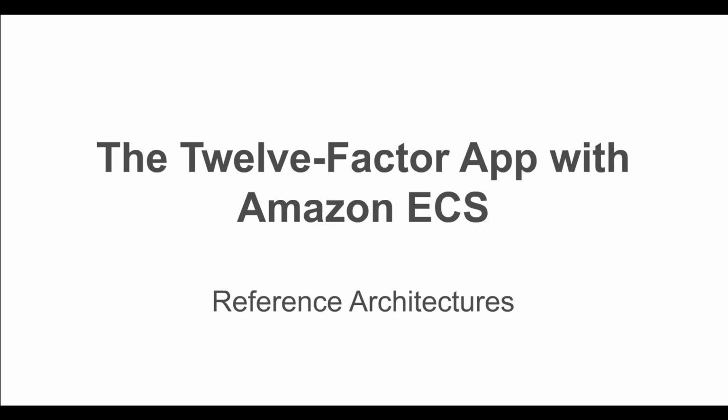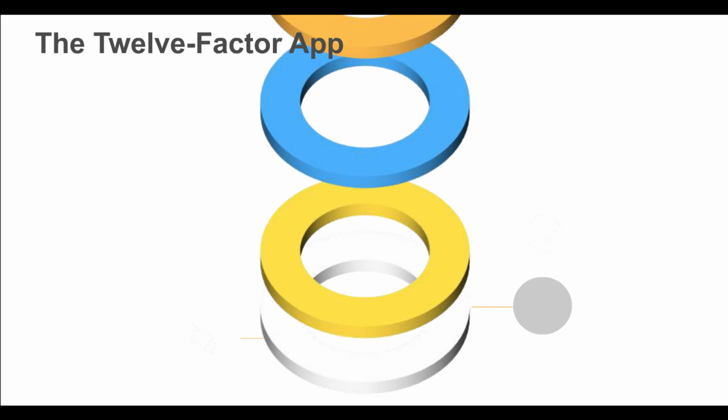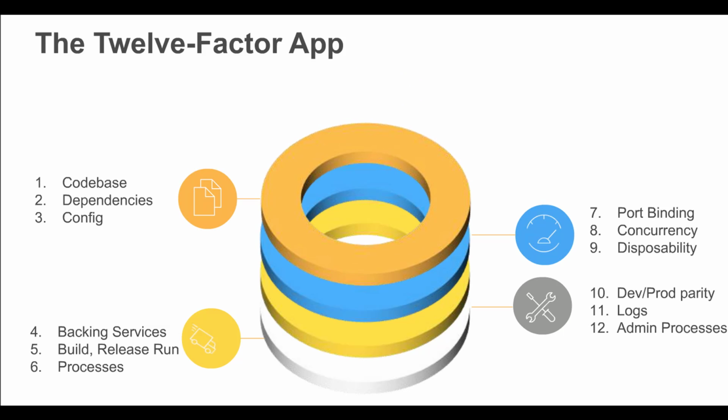So let's talk about the 12-factor app with ECS. This is a set of reference architectures which we have seen our customers implement, which our solutions architects have helped customers get through this journey from monolith to microservices. The 12-factor app is a well-known concept, and we've talked about this for a while.